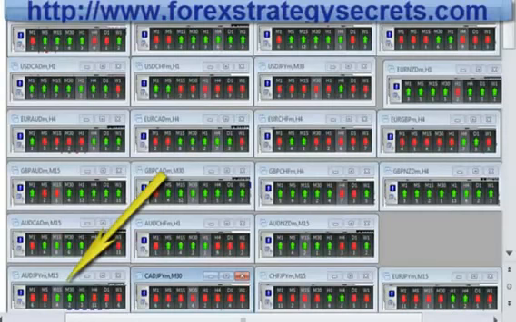If you look at the bottom left corner one, which is Aussie yen, the top three are red, and that's an indication that it's a good solid downtrend. And if you go and look at them, you'll see that it is. Well, the next three are green.